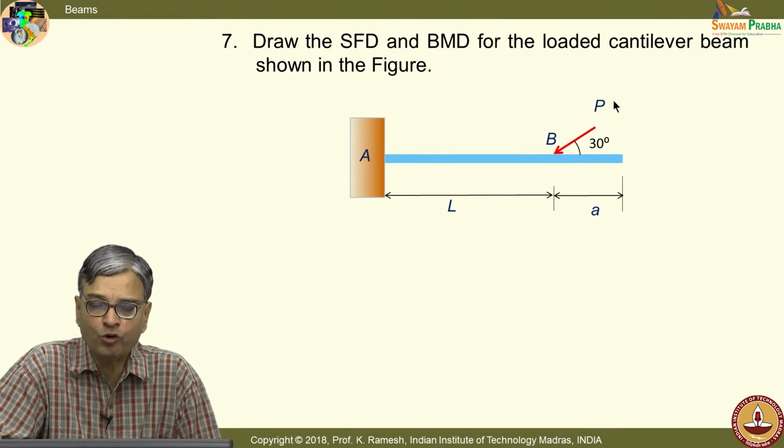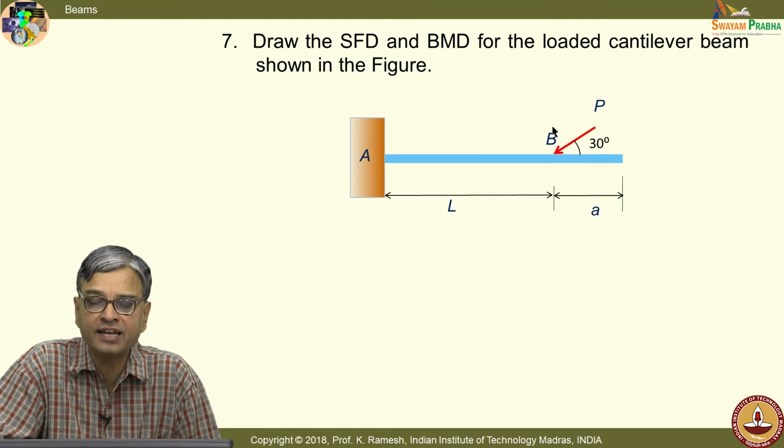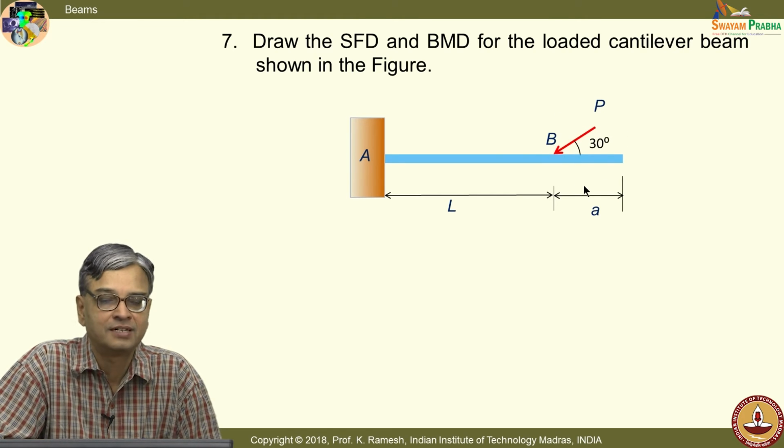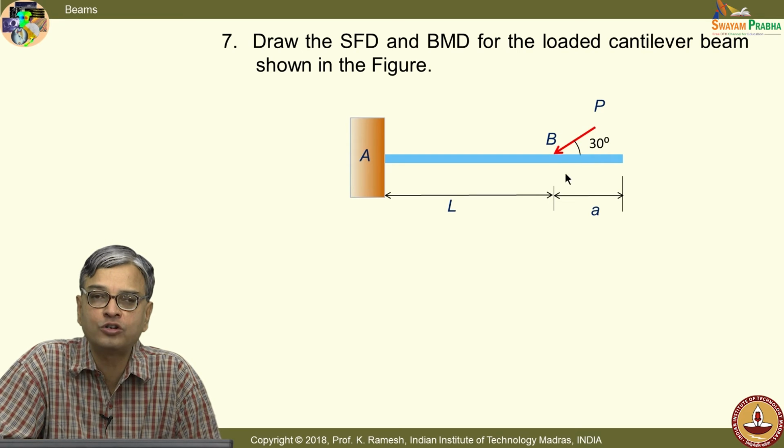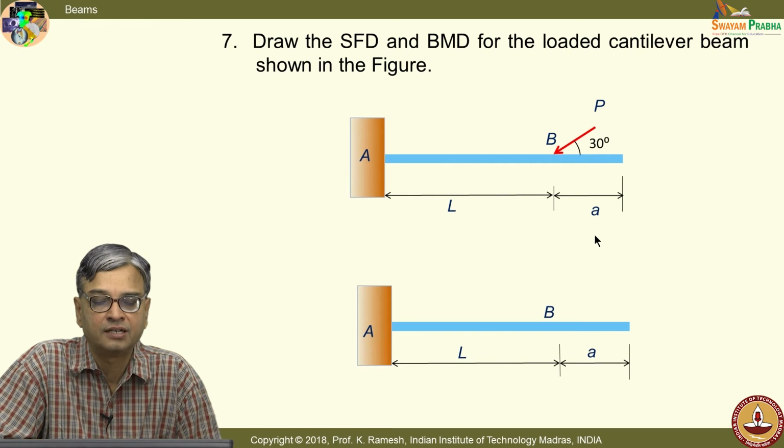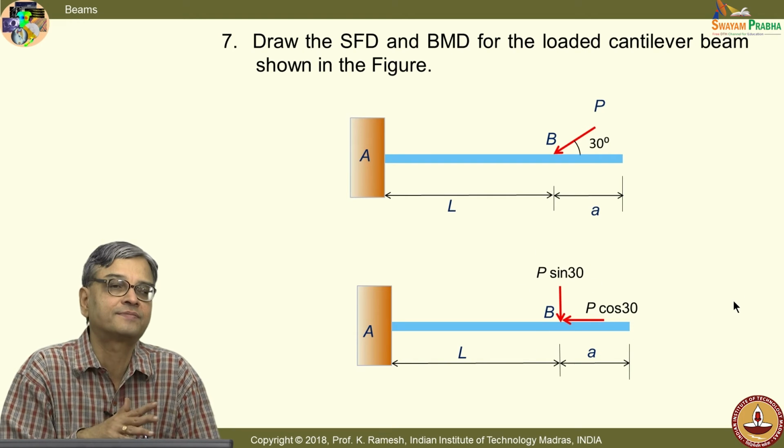When I have a force like this, I should recognize how to handle it. I can always split this force into its components, one acting vertical and one acting horizontal. So, I would replace this by 2 forces using its components.